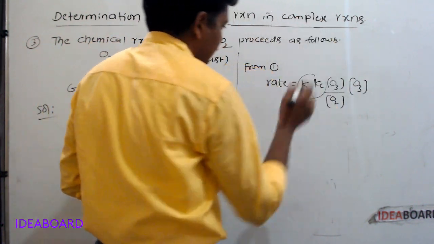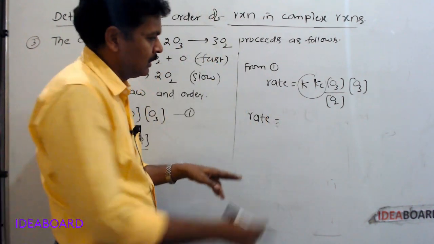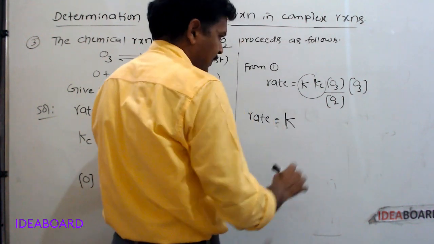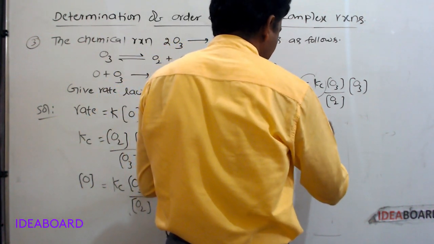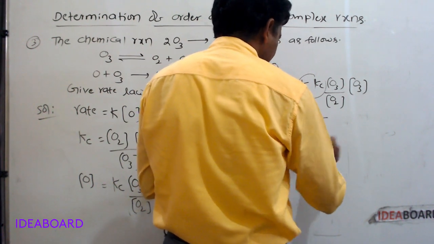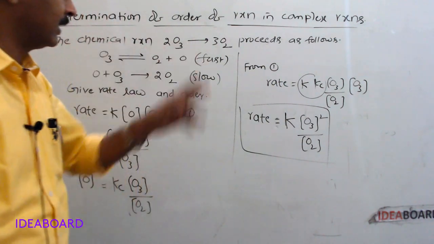These two are constants. I am writing another constant. Rate is equal to capital K into O3 concentration square divided by O2 concentration. This is the rate law for this given reaction.